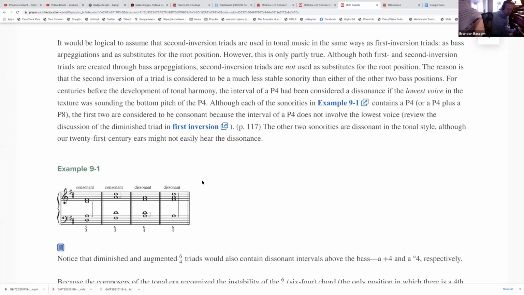We have a minor third on top, a major third in the middle, and you can have the bass involved with a perfect fourth with a soprano via an octave higher, and that's also considered dissonant.